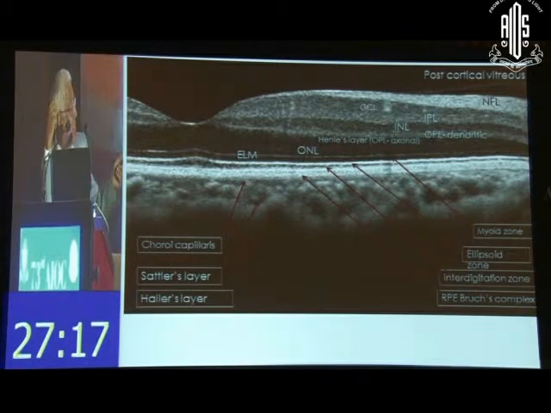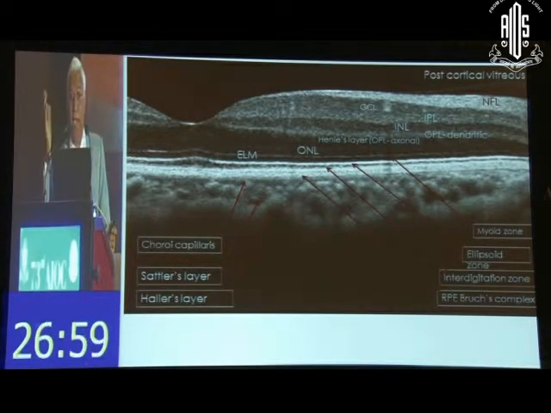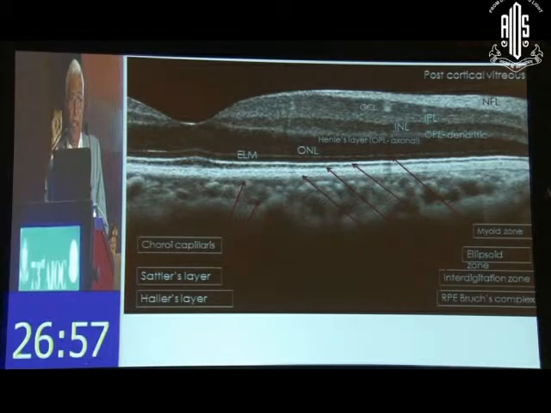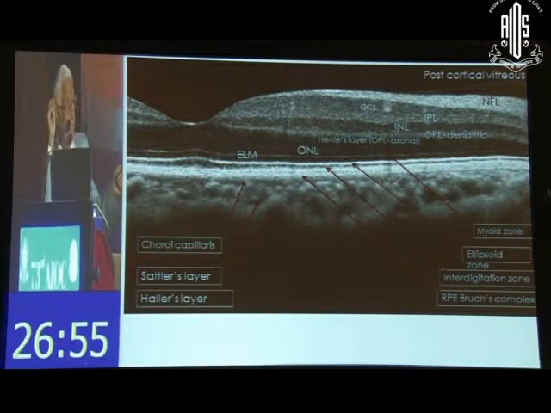All right. Now, beyond that is the external limiting membrane, which is hyperreflective, and then you have the rods and cones layer, which is further divided into the myoid zone and the ellipsoid zone. The ellipsoid zone is what was previously called the ISOS junction. It's actually not the ISOS junction, that is the ellipsoid zone, which is the hyperreflective zone.